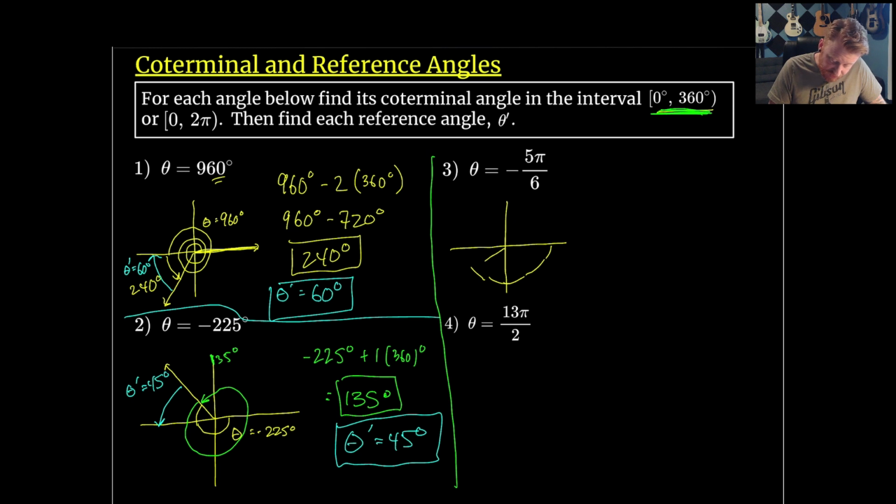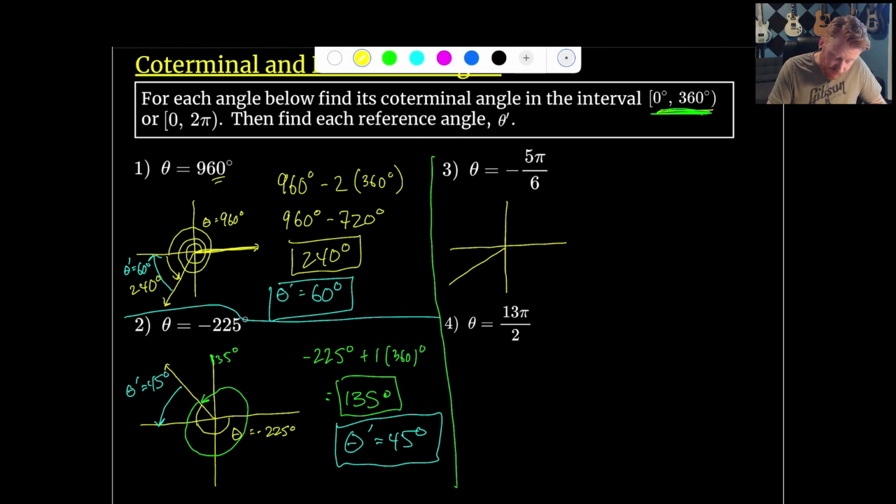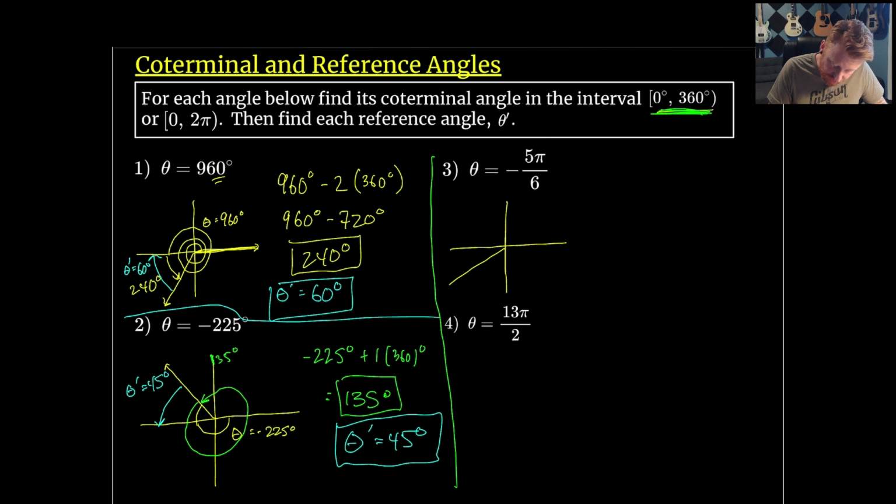So 5 pi over 6 lives right around there somewhere, and I can fix my little drawing a little bit. But I was just counting by pi over 6s around until I found negative 5 pi over 6 being that angle there.